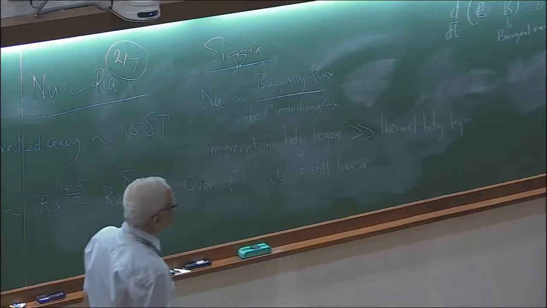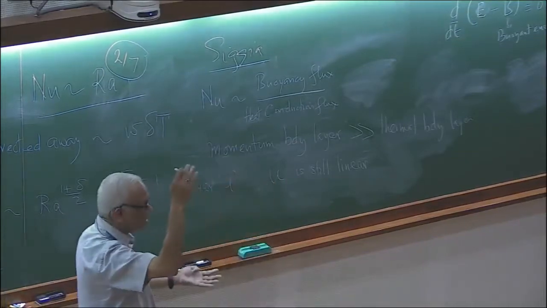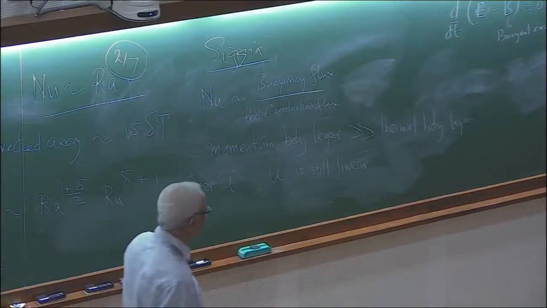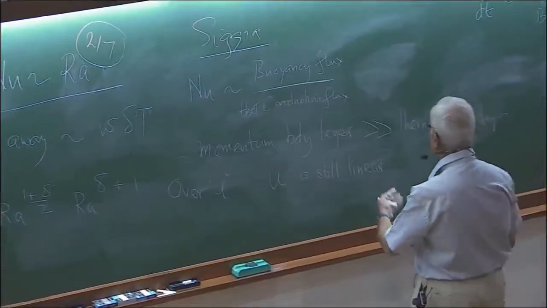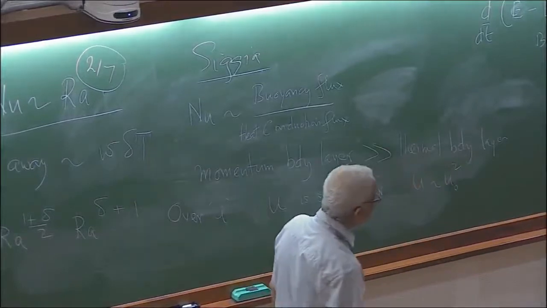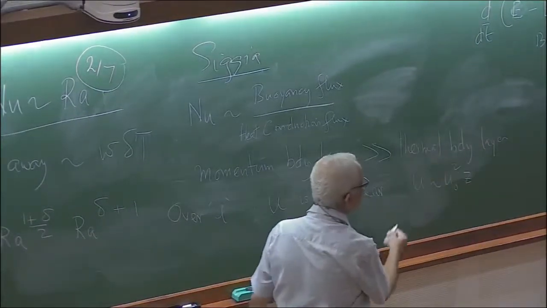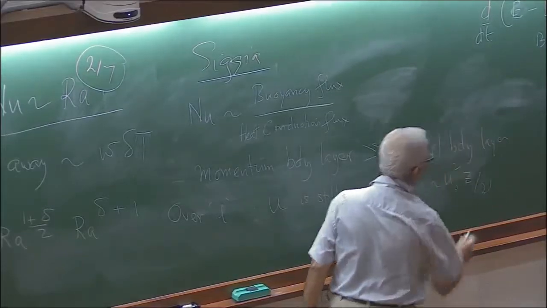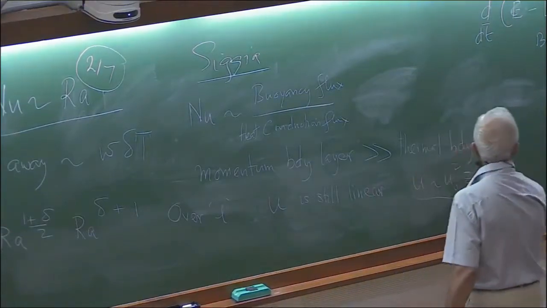All the logs and so on would be coming later. So it is still a viscous sublayer, and u is still linear, which means u can be written as u0 squared, where u0 is some scale. It increases linearly and dimensionally. So it is u equal to u0 square z over nu. So that's the profile for u.